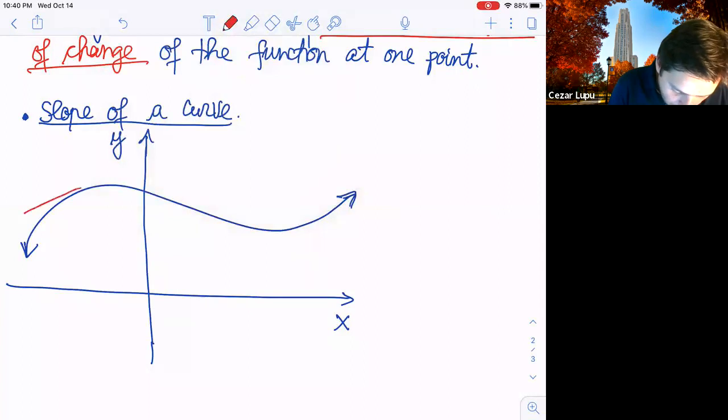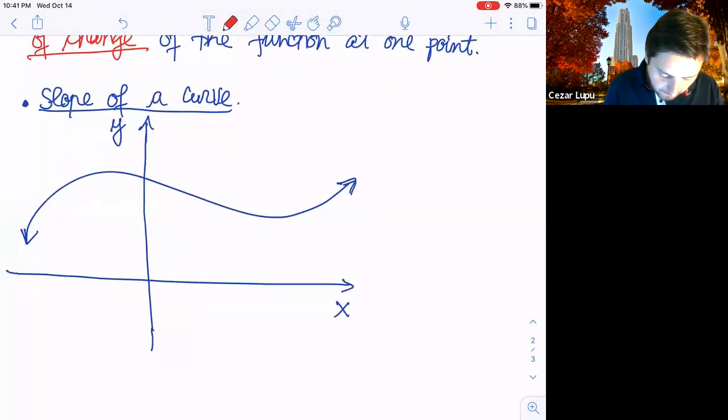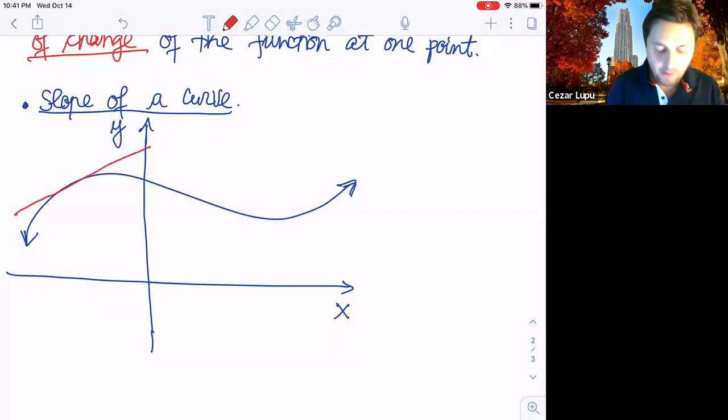Let me draw one here, another one here, and some other ones at other points, and so on. So we can draw tangents that touch the curve at one point.